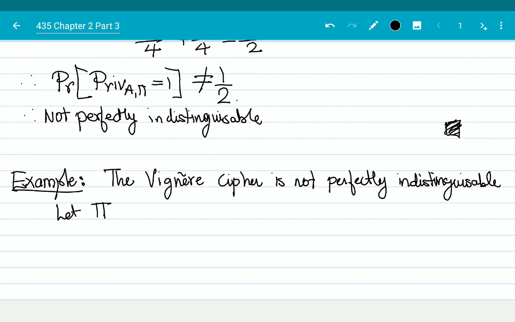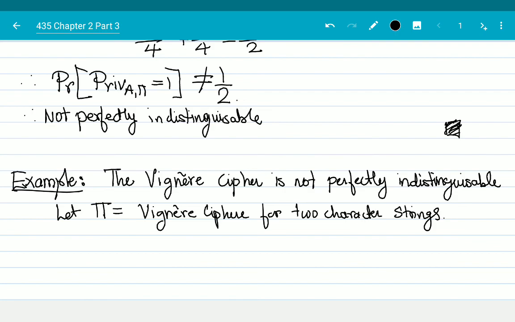Let pi be the Vigenere cipher for 2 character strings, and the period is chosen uniformly in 1, 2. Okay.